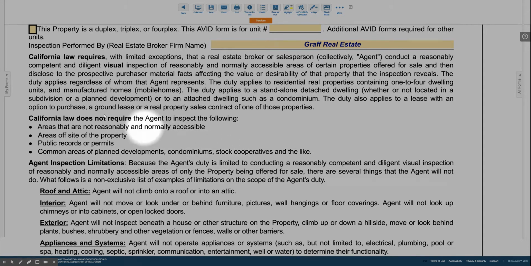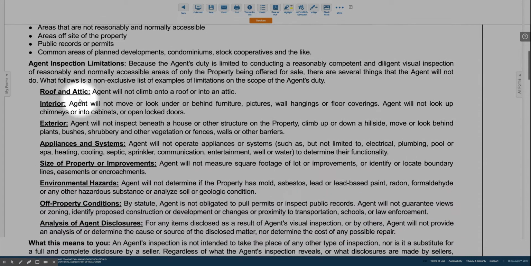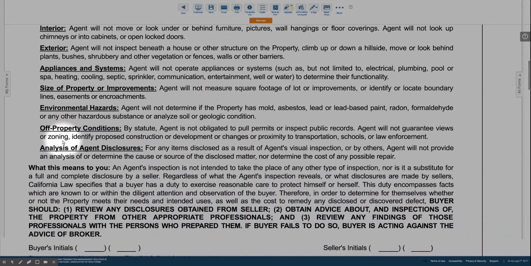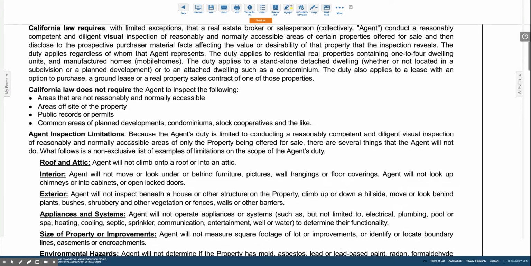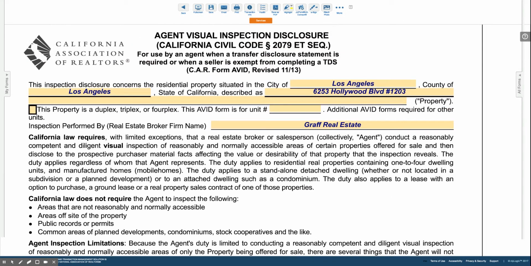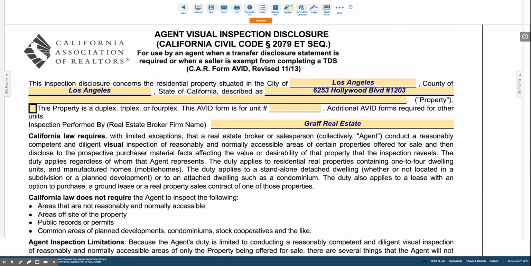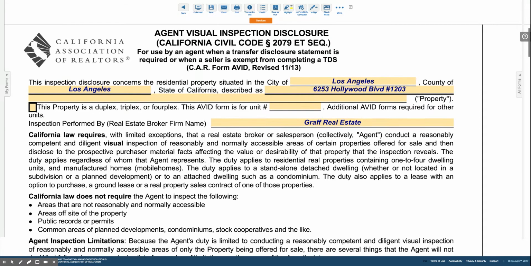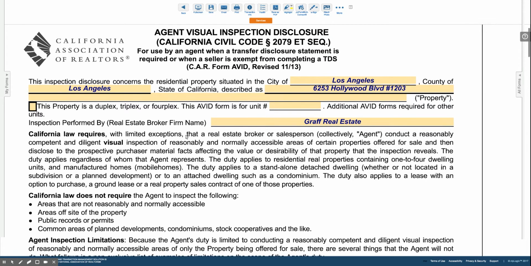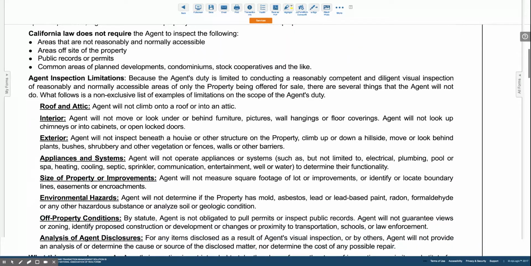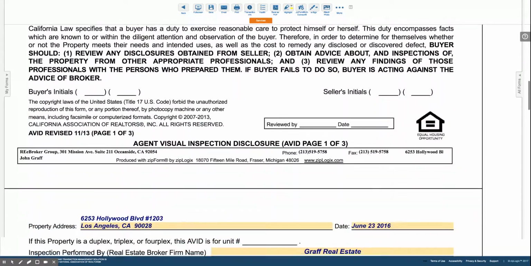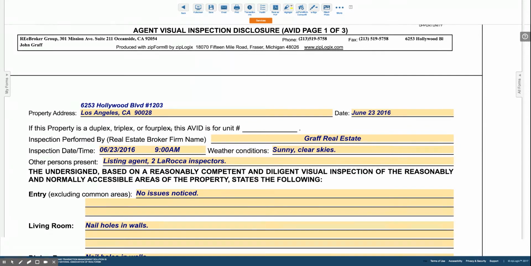And so it is also not meant to replace a buyer's physical property inspection or any other inspection that they may choose to have of the property that they're buying. This is really only for the agent to point out and memorialize on paper what they see in the property visually that may or may not be defects in the property.